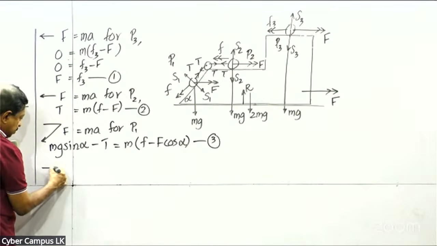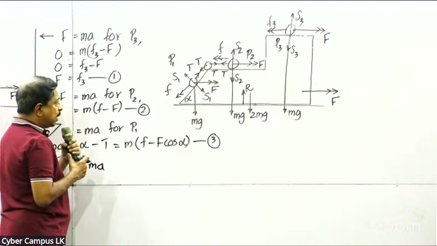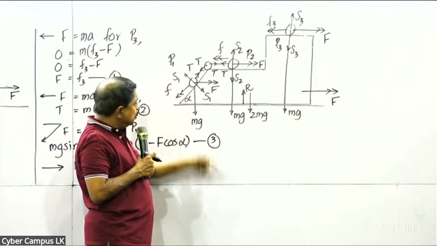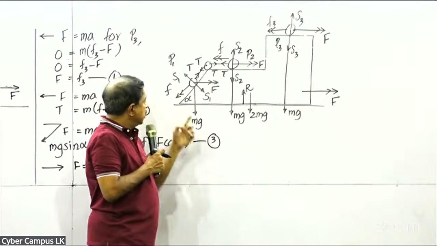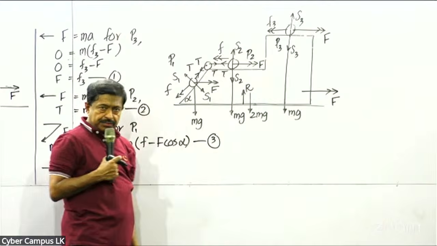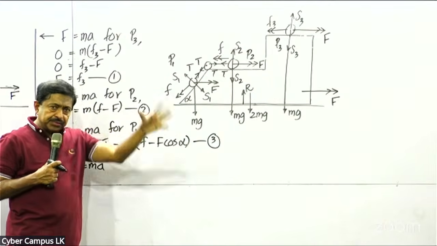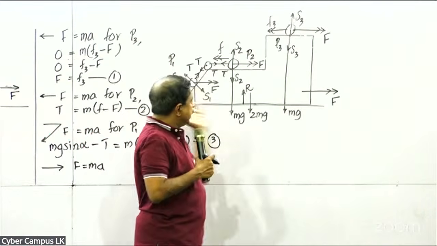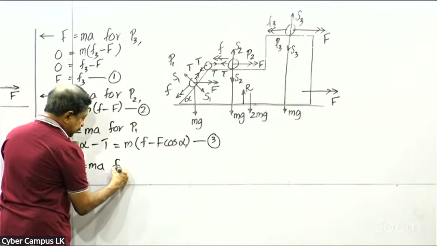Therefore, we'll apply F equals ma horizontally, then you can get rid of R. Now, you might ask me, what happens to S1? S1 is an internal reaction. These two will go away. S2 will go away, even the tension will go away. The pulley, tension, the string, and everything is considered to be in that system.